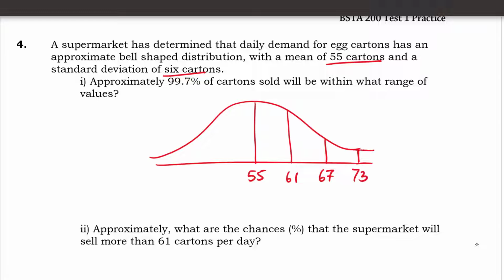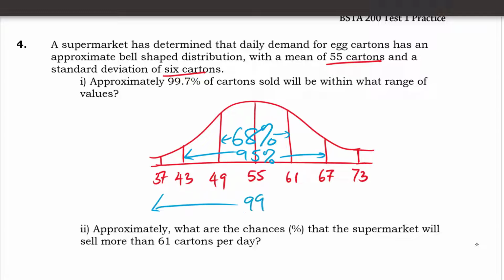Now below the mean, 1 standard deviation below will give us a value of 49, 2 standard deviations below will be 43, and 3 standard deviations below will be 37. So the rule says that we have about 68% within 1 standard deviation of the mean, approximately 95% within 2 standard deviations, and approximately 99.7% within 3 standard deviations of the mean.